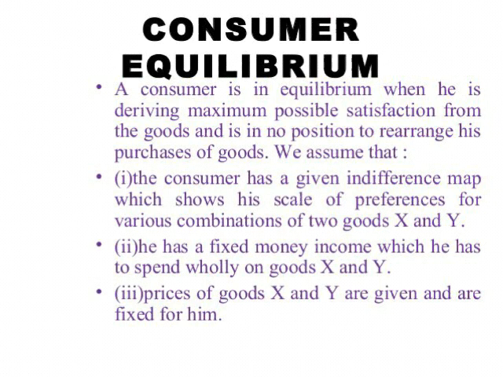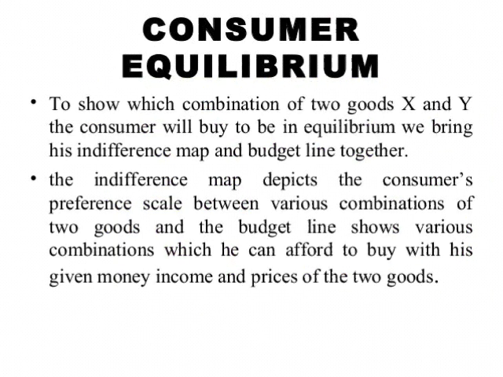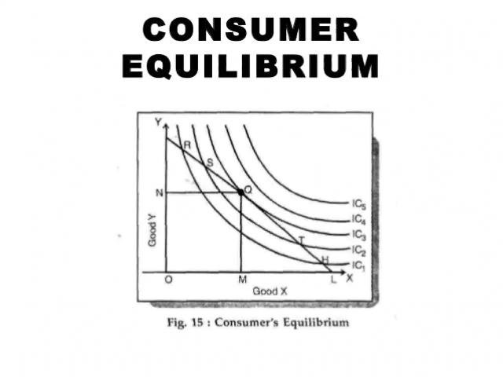Now consumer equilibrium: a consumer is in equilibrium when he is deriving maximum possible satisfaction under the following assumptions. The indifference map depicts the consumer preference scale between various combinations of two goods. Just see, the IC curves show the combinations and the budget line shows the feasibility, that is how much he can purchase with the given level of income and price.